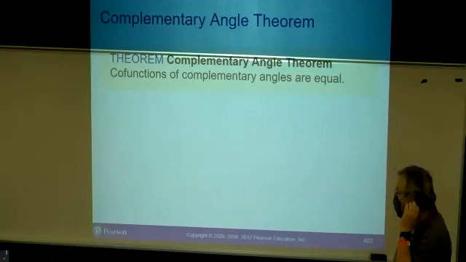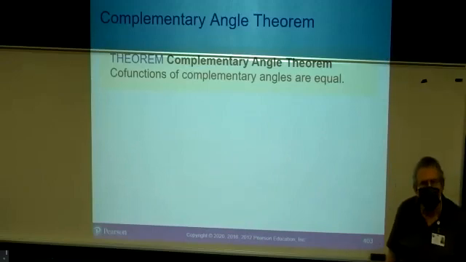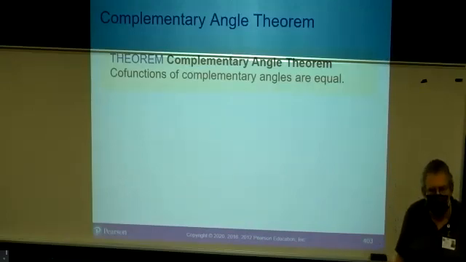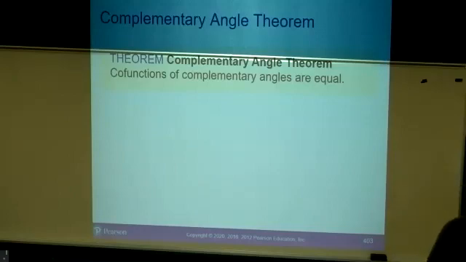Is a theorem and the axiom the same thing? Or postulate? No, an axiom or postulate is a statement we take to be true because we haven't been able to prove it false. But in that other slide, we just proved this theorem, right?